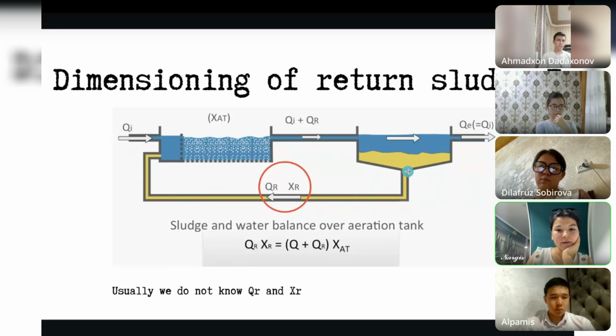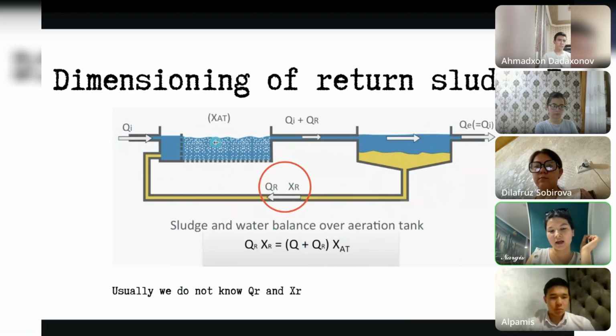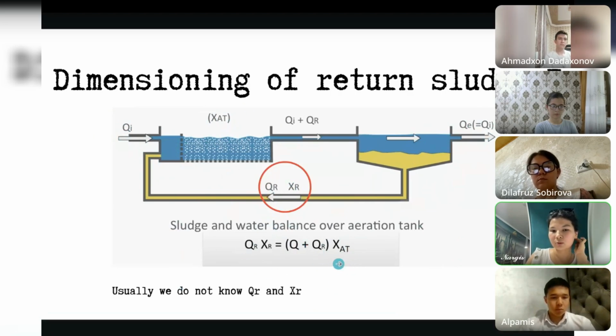And in that fashion, we end up with this simplified formula, which means that QR, the flow rate of the water back into the aeration tank, times the concentration of bacteria in this yellow region, XR, equals Q, which is just QI plus QR, times XAT. X is the concentration of bacteria in the aeration tank. So this is basically the formula.